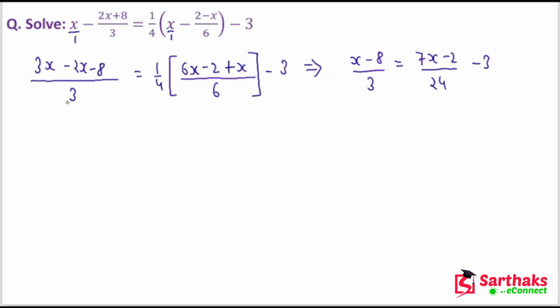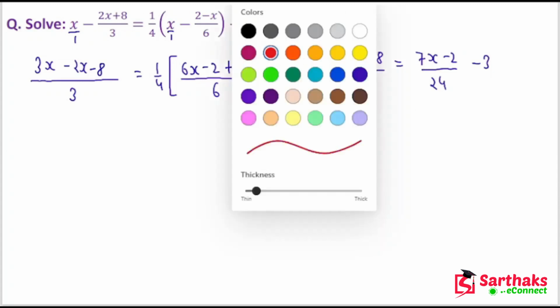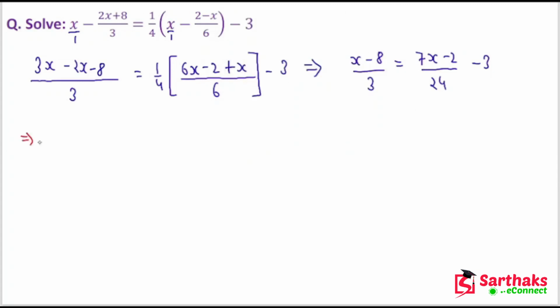Now multiplying both the sides by 24, we will get (x minus 8) upon 3 into 24 is equal to (7x minus 2) upon 24 into 24 minus 3 into 24. Okay, so 24 is multiplied on both LHS and RHS.